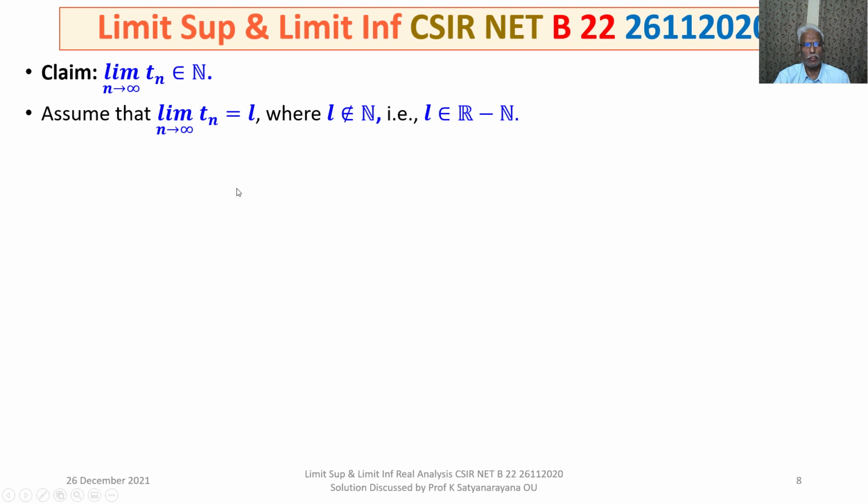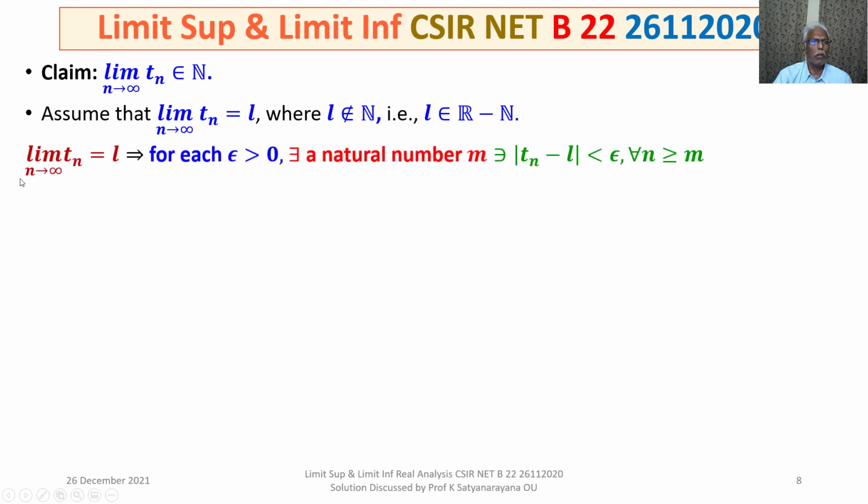We are assuming this. And we recall the definition of the limit as n tends to infinity of t_n equal to L. This implies for each epsilon greater than 0, there exists a natural number m such that modulus of t_n minus L is less than epsilon for all n greater than or equal to m.